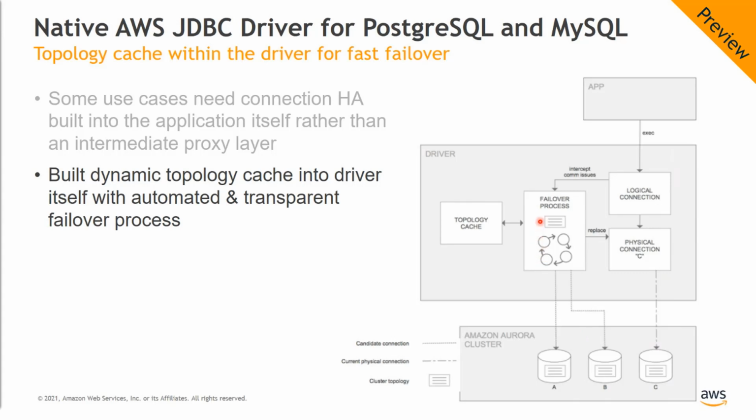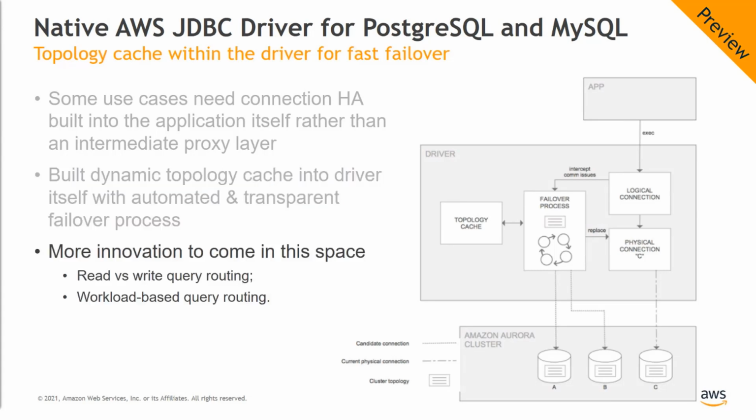We have a state machine that basically handles failover as part of the driver. Again, all in the spirit of reducing failover times to the application. And again, just like we saw in RDS Proxy, we expect a lot of innovation in this area, query routing, both for reads and writes, as well as workloads as well.